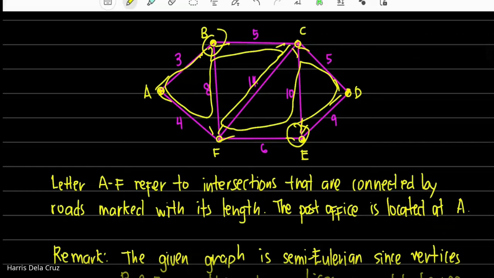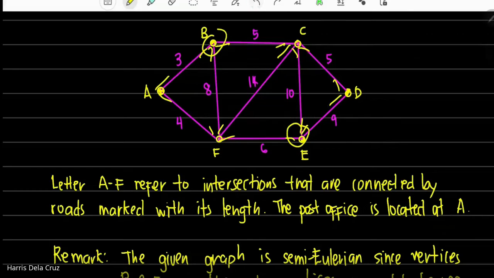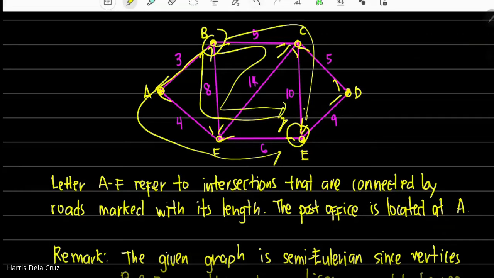So, upon analyzing what's the shortest path between B to E. So, since madali lang naman yung graph, pwede mong isa-isahin. Halimbawa, pwede kang dumaan dito, or dumaan dito, or dito. Diba? Yan yung mga possible route. Yan. Or ito. Tapos kunin mo lang yung mga may least value. Or you can perform Dijkstra's algorithm. Pwede.